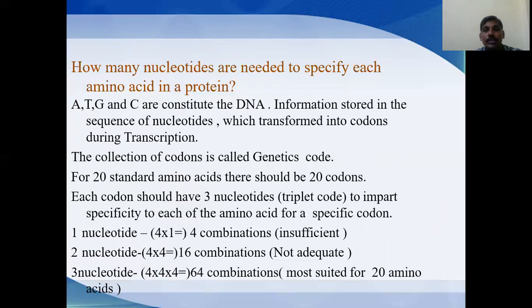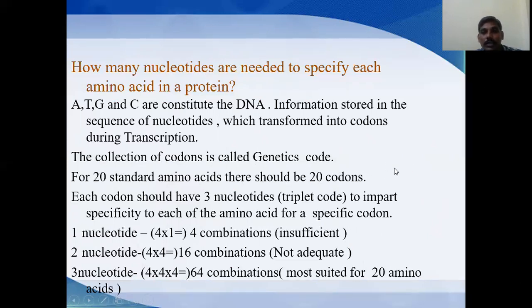How many nucleotides are there in the DNA molecule? Just four. If four nucleotides specify a particular amino acid, only four amino acids are recognized, but what about the other amino acids?